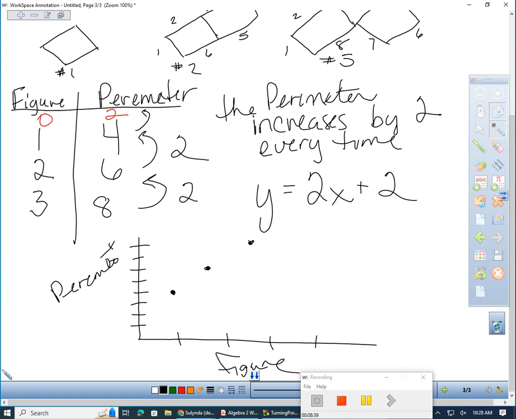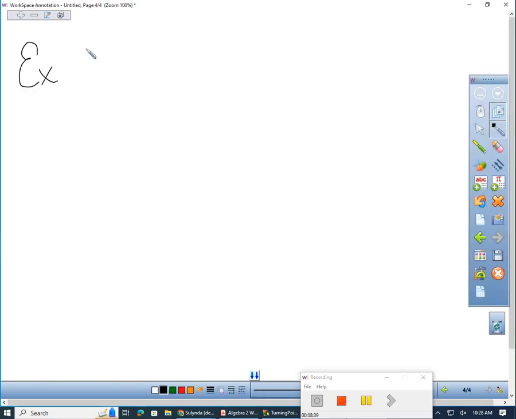Let's go to example number 2 then. Example 2. This is leg numbers 8 through 12.